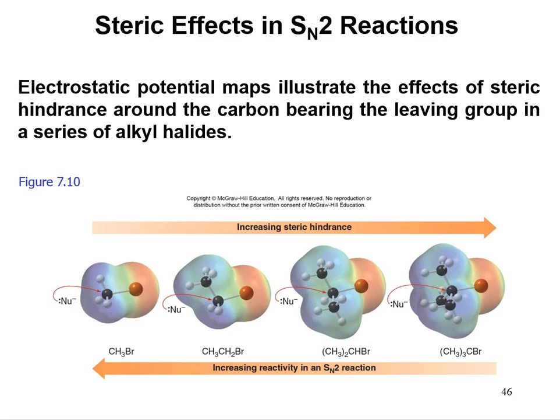The best case scenario is for 3 hydrogen attachments to the carbon with the leaving group, as shown here. The next in line would be 1 R group and 2 hydrogens, as shown in the primary alkyl halide example. The secondary type here, with 2 R groups and 1 hydrogen, is still possible, but the rate is slowed down.